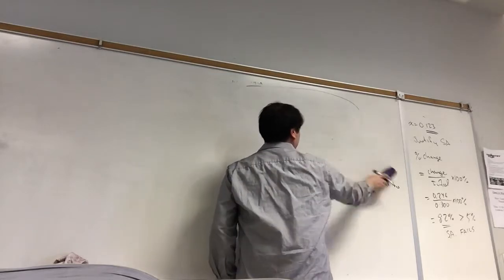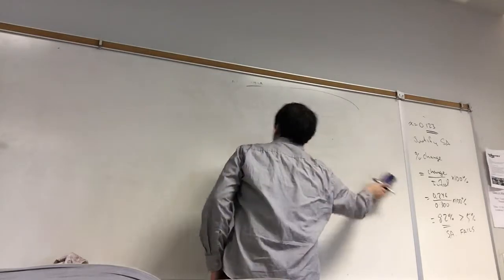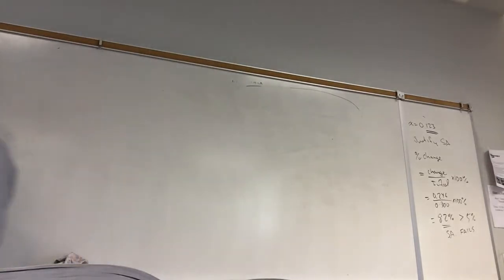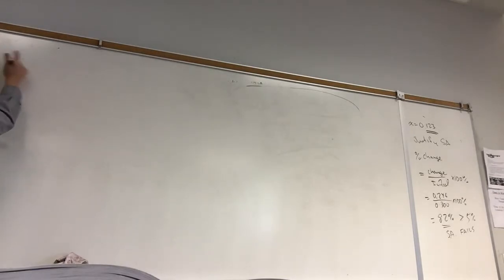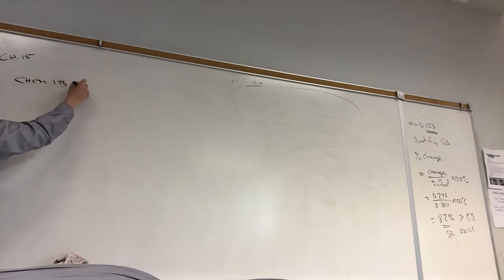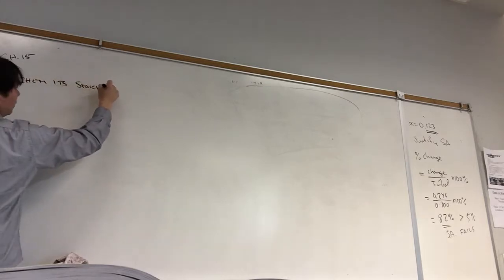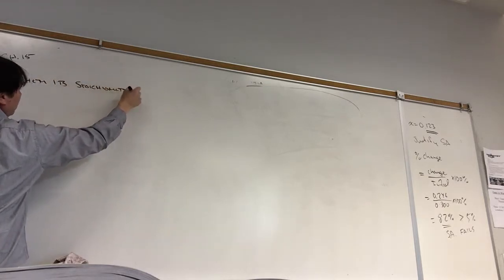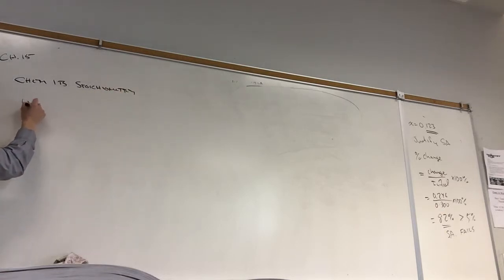For chapter 15, Chem 1B stoichiometry is a little different than Chem 1A, actually a lot different. What we do in Chem 1B stoichiometry is we use K to determine the outcome of a reaction.